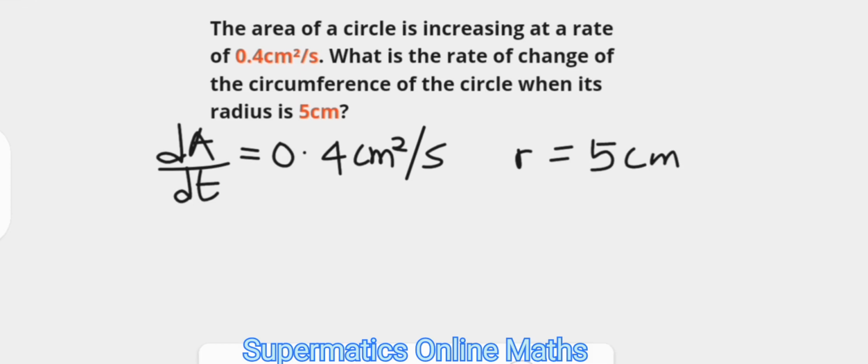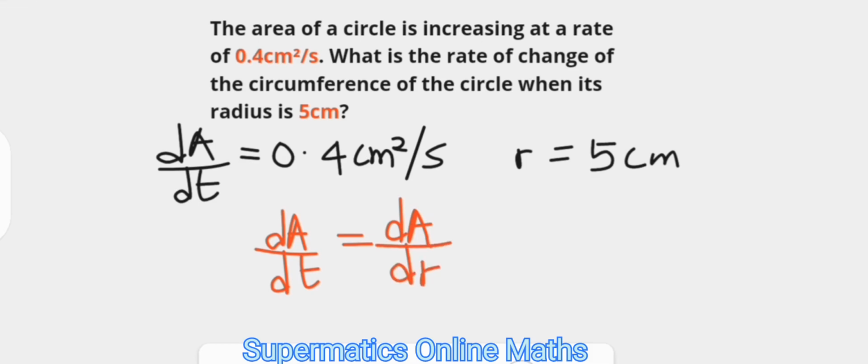Using the chain rule, we know that the rate of change of area with time, dA/dt, is equal to the rate of change of area with respect to the radius, dA/dr, times the rate of change of the radius with time, dr/dt.